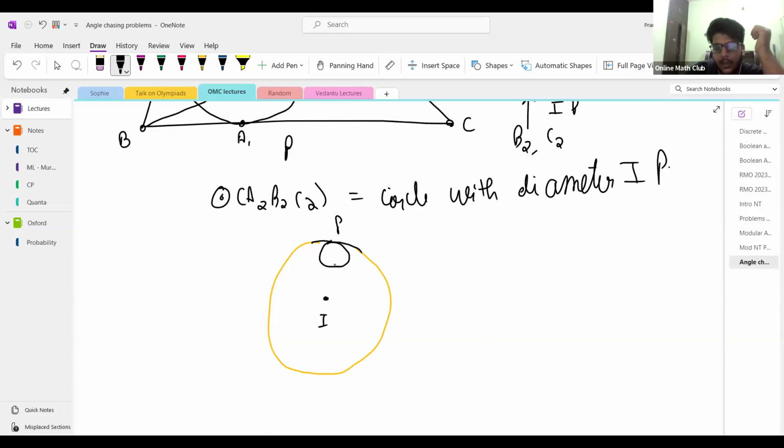I is the center of the yellow circle, M is the center of this circle, and okay, I'm stumbling at this point. How do I state this? Okay, I'll just go on with the normal problem and then prove it first.